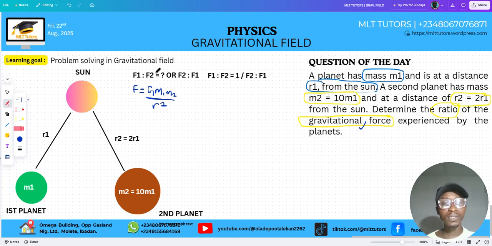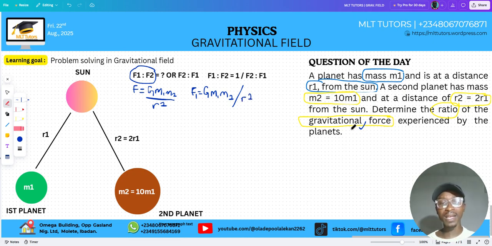Now, since we are comparing two planets, for the first planet, let's make that F1. So for the first planet, that will be equal to G m1 m2 over r squared.